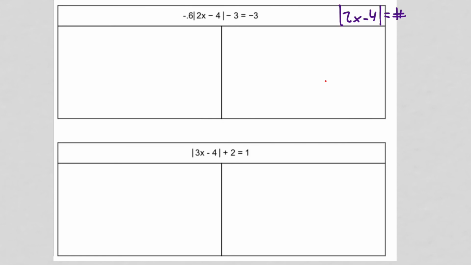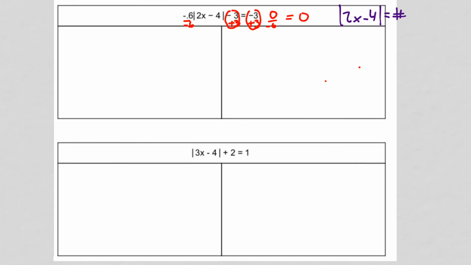So I'm going to add 3 to both sides. And that's going to become 0 on the other side. These are both going to cancel. You're going to get 0, and then you have to divide by a -6, and 0 divided by a -6 is still just 0.